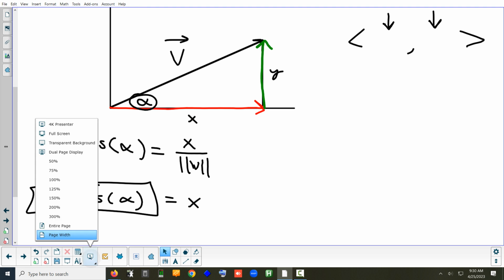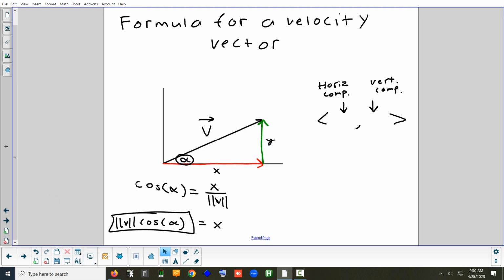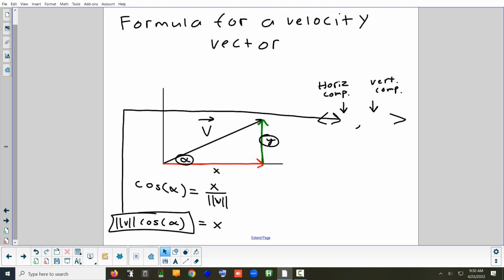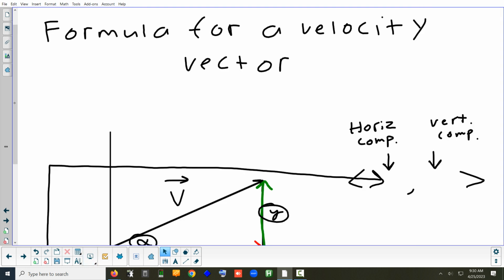Okay, so let me just zoom out a little bit. So we've got our horizontal component. Now we need something to fill in for the vertical. What trig function would use y instead of x? Yep. So we're going to do sine.